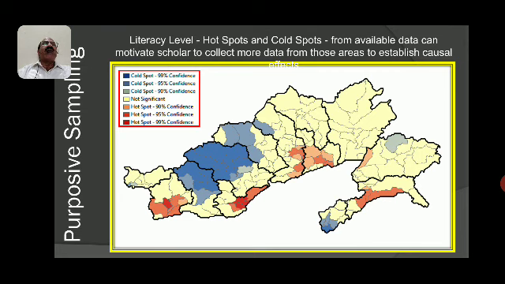So in that case, I will take more samples in the red colored areas. Say most of Papumpare district, then West Kameng district, then East Siang district, then from Changlang. But when it comes to low literacy, we'll go for the Kurung Kumey areas.